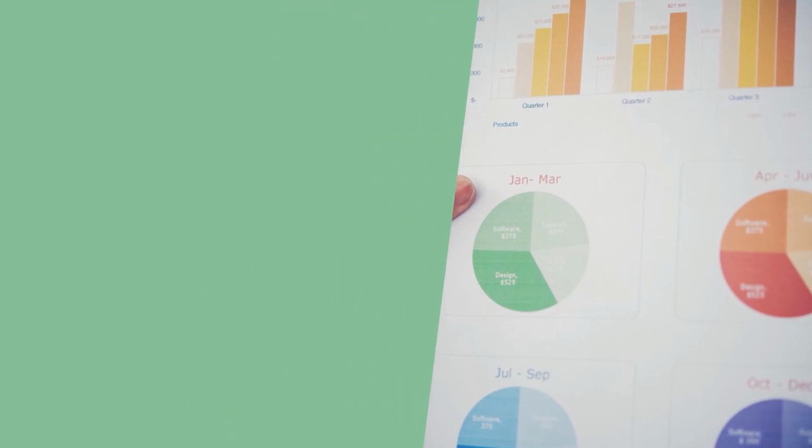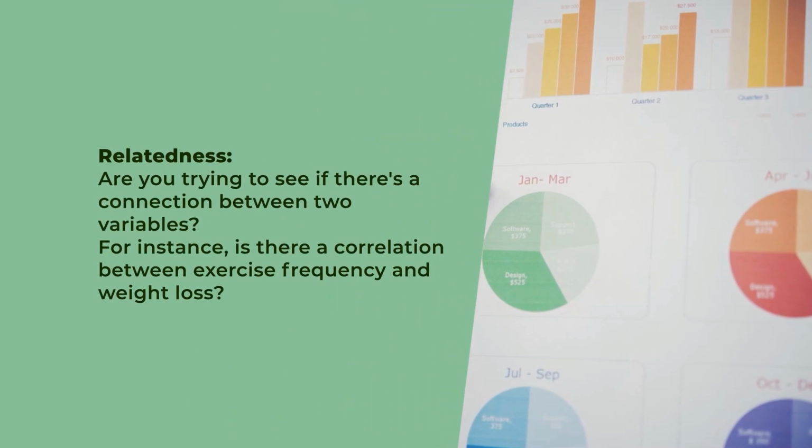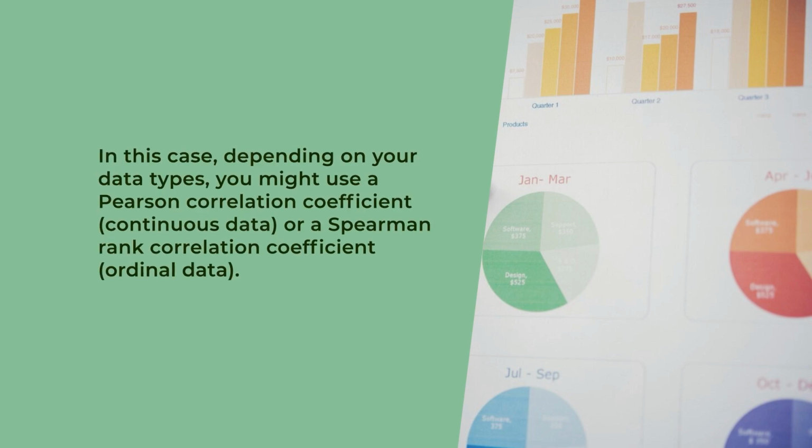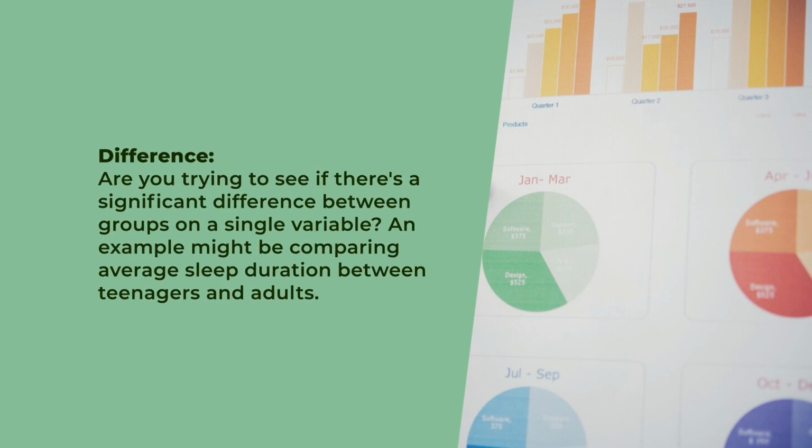So now check: is the hypothesis a case of relatedness or of difference? In case of relatedness, check whether you are trying to see if there is a connection between two variables. For instance, is there a correlation between exercise frequency and weight loss? In this case, depending on your data types, you might use a Pearson correlation coefficient for continuous data or a Spearman rank correlation coefficient when you use ordinal data. The second is difference.